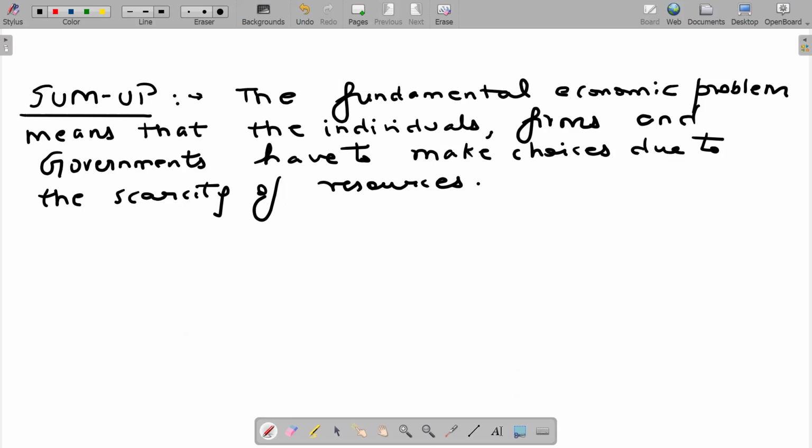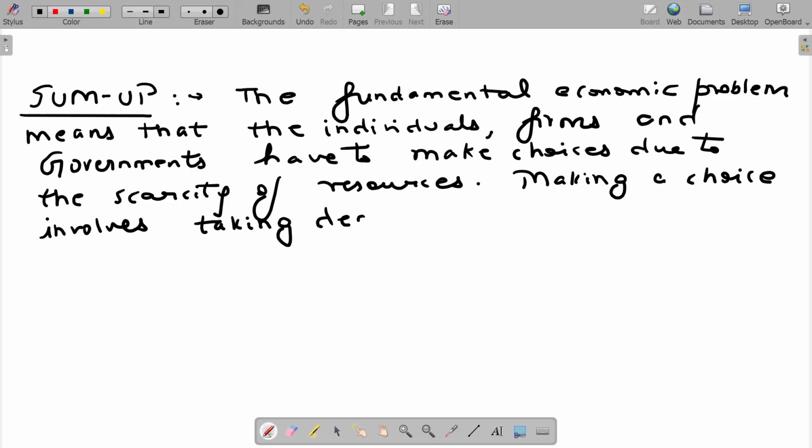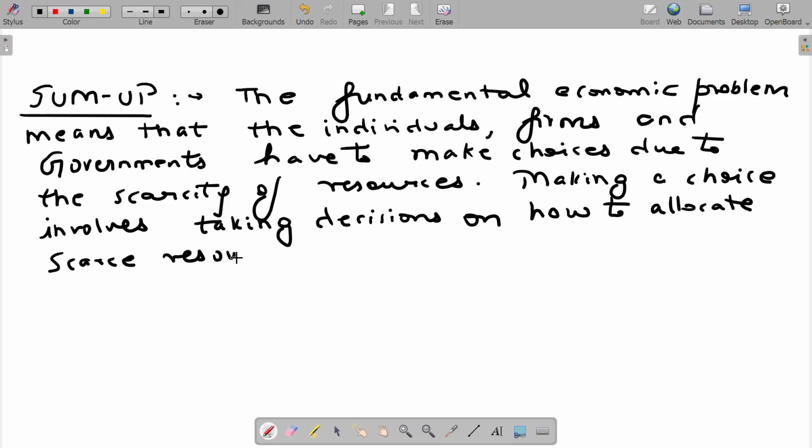Okay, so I can further write that making a choice involves taking decisions on how to allocate scarce resources which have alternative uses.